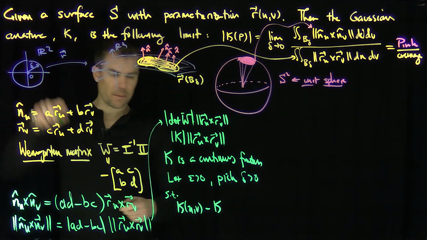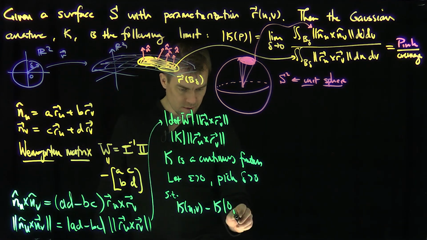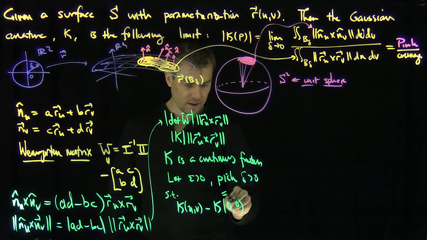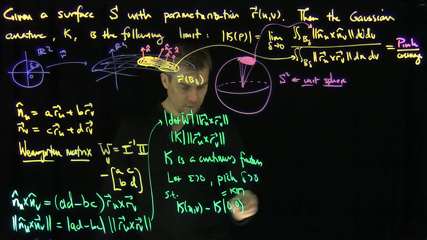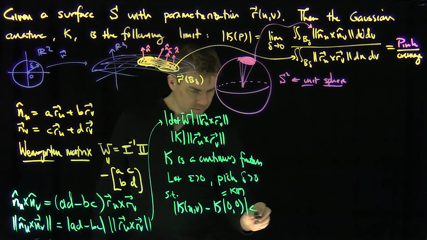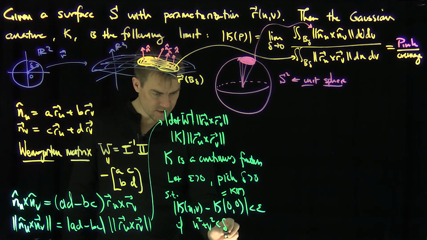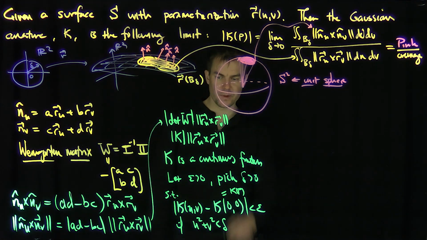I'm parameterizing this now based on Euclidean space, so k of 0, 0 corresponds to kappa of p. This holds if u squared plus v squared is less than delta squared, or delta, that works too.